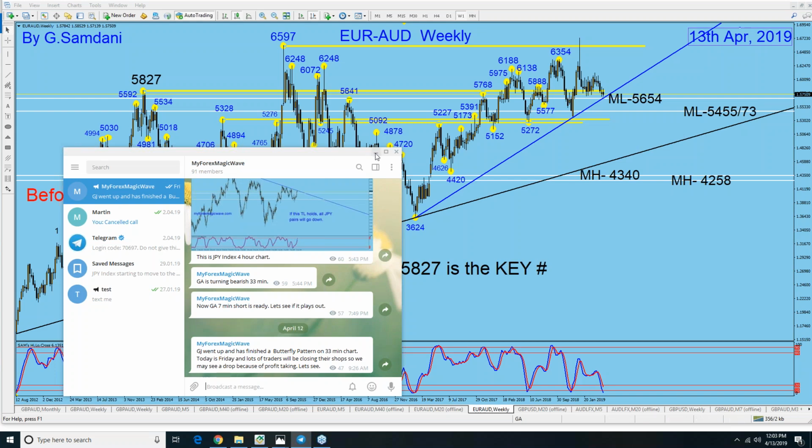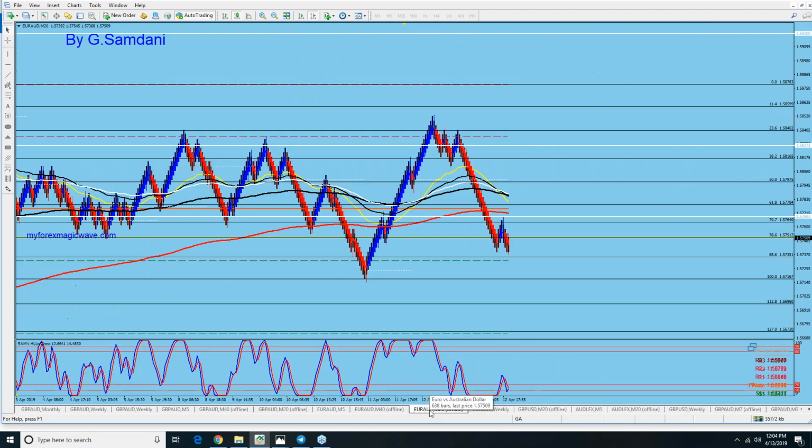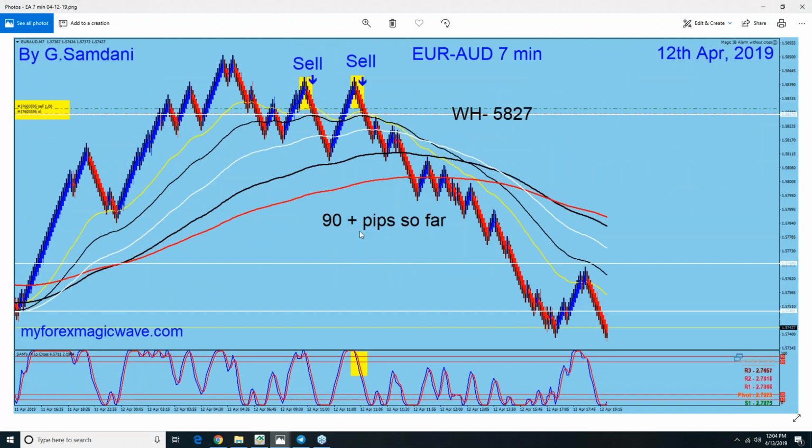Obvious reason. Now weekly 5827. Now we're going to take a look at the 20-minute chart and see what's happening around that price. So we notice that this is 5827. Did I take the trade? As I said, I will be looking at a 7-minute chart. This is 5827.